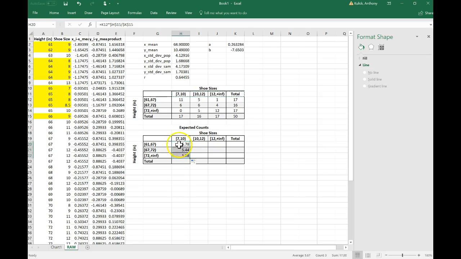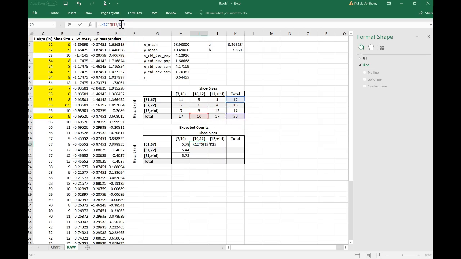So far everything looks good. And just to point out what I did, again, row total 16 times column total 17 divided by 50. Similarly here, row total 17, column total 17 divided by 50. So we're good. Do the same thing here. So we're going to do equals row total times column total divided by overall total.